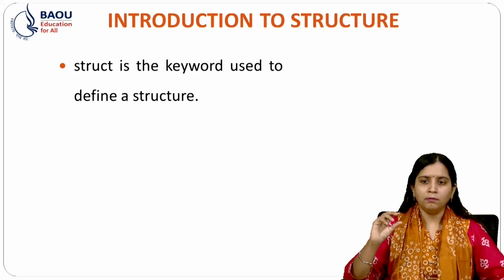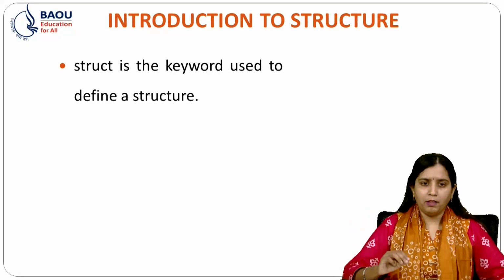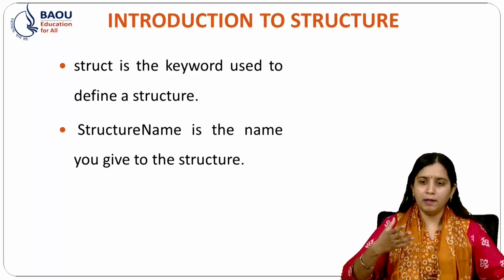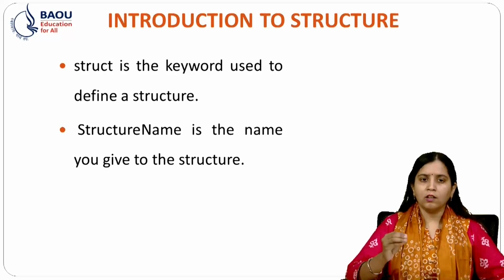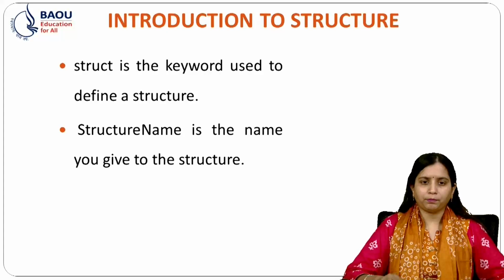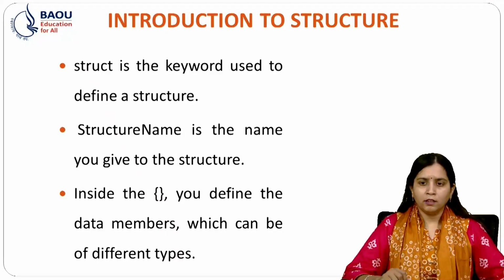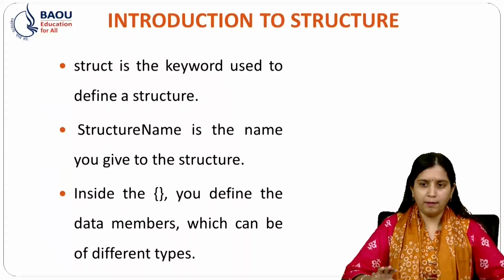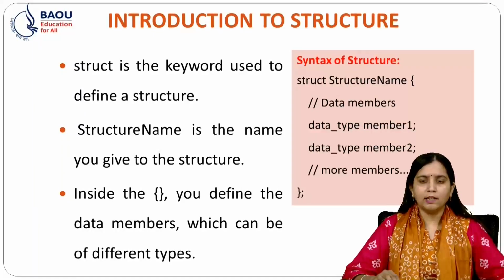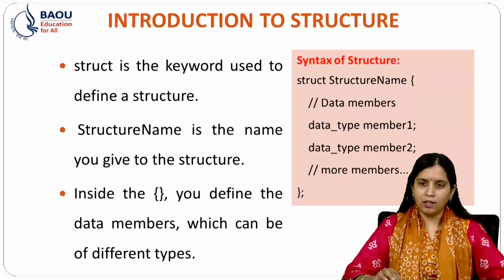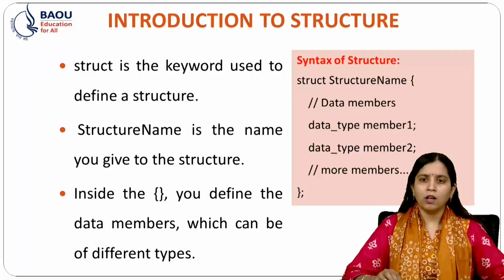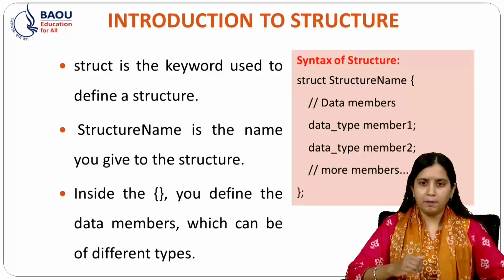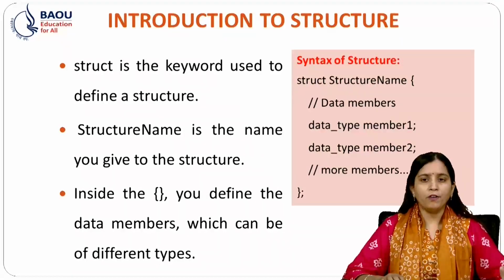Then we have the structure name, whichever name we have given to our structure, and inside the curly brackets we have to define our data members which can be of different types. So, this is the syntax of structure. First we will have the struct keyword, after that our structure name, and after that we will define our data members which may be of different types.